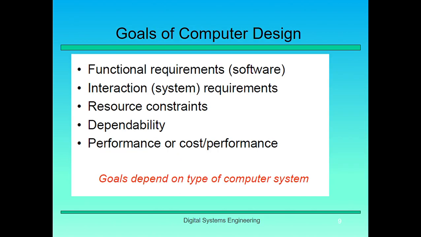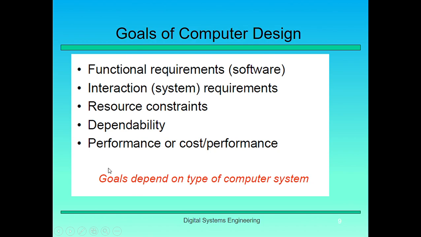Okay, so let's discuss the goals of computer design. The most common goals in computer architecture revolve around the trade-off between cost and performance. Performance we can say is the speed of your microprocessor. Other considerations may include size, weight, reliability, feature set, and power consumption.